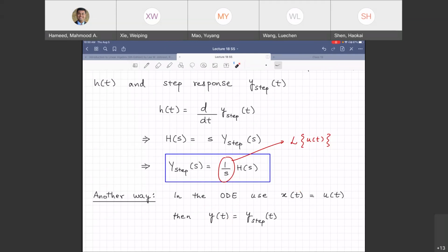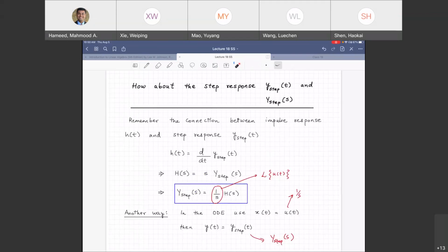For these, you will use 1 over s, right? And for these, you will use Y step of s. So you can transform that differential equation into the Laplace domain, and you will be left with Y steps for this, 1 over s for this. You rearrange, you get Y step of s, take the inverse Laplace transform, you're back to y of t, the output of the LTI system, which was the goal, right?